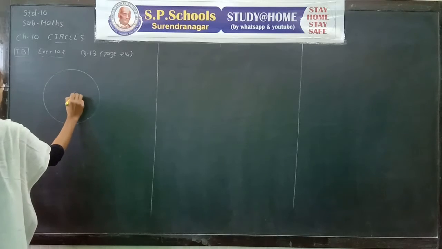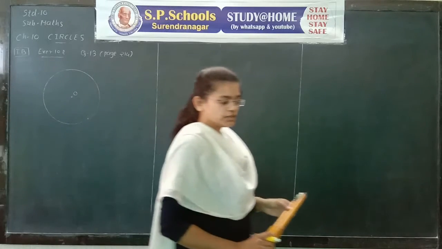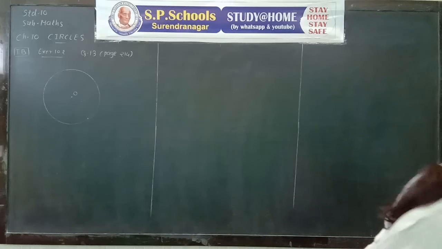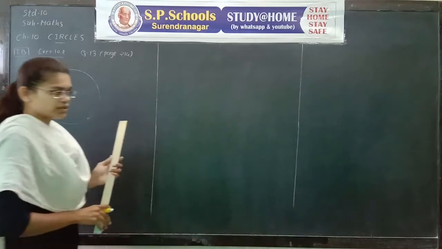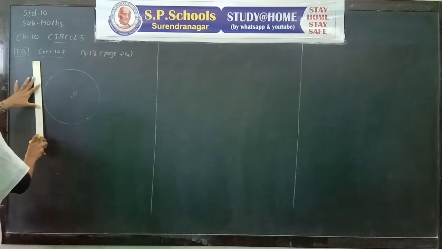Let's take a circle with center O and one circumscribing quadrilateral is given, means the four sides of the quadrilateral touch the circle.